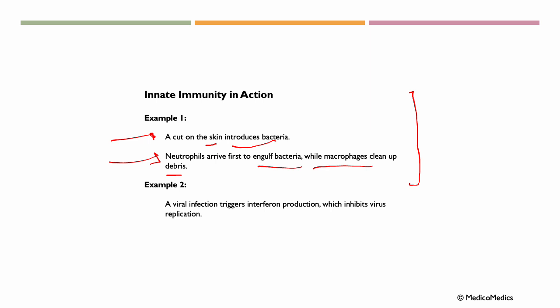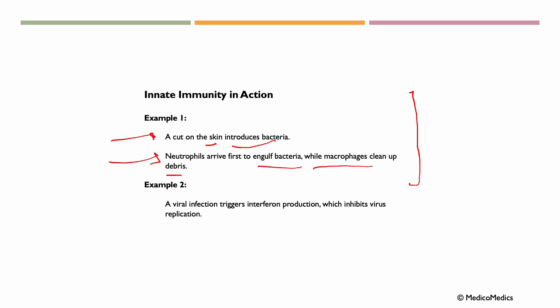Neutrophils, which are the most abundant type of white blood cells, are the first responders. They are rapidly recruited to the site through signals like chemokines and perform phagocytosis, meaning engulfing and killing the invading bacteria. Soon after, the macrophages arrive, and they help clear away dead cells.